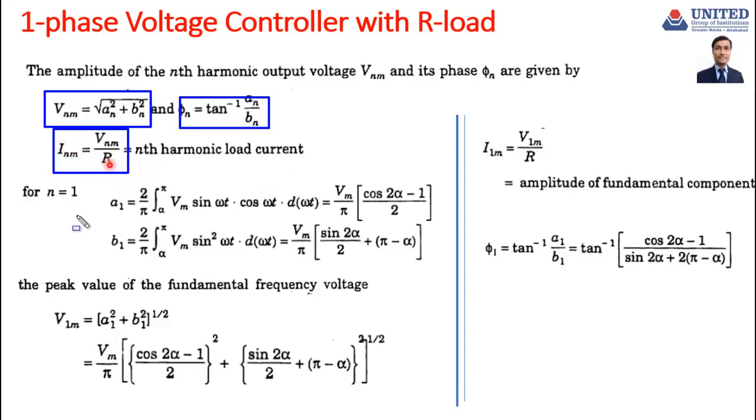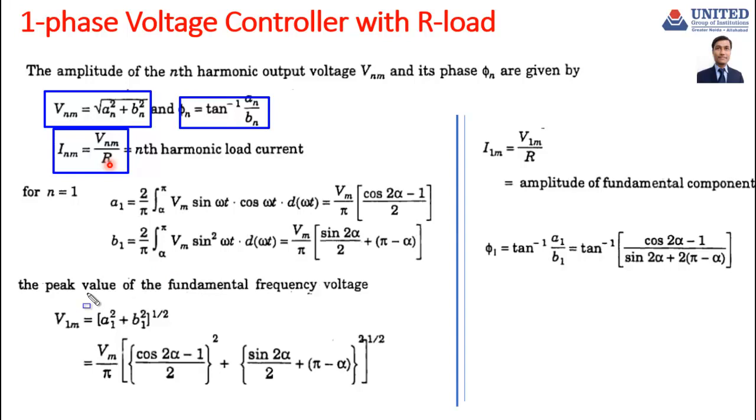If n is equal to 1, that is for the fundamental value, A1 and B1 can be calculated by putting n equal to 1. So A1 is equal to Vm upon π (cos 2α − 1)/2, and B1 is equal to Vm upon π in bracket (sin 2α/2 + π − α).